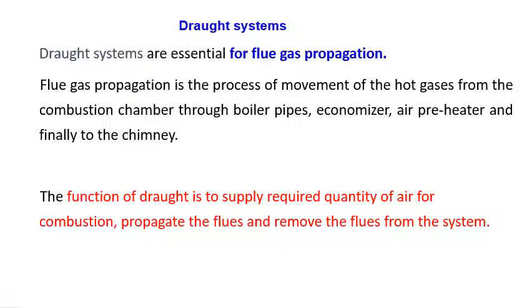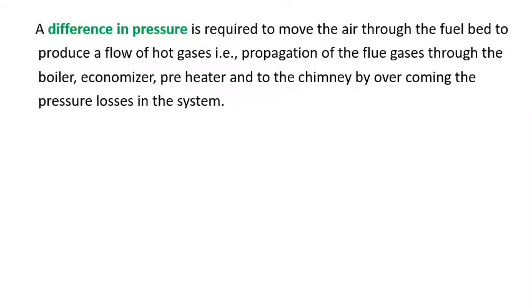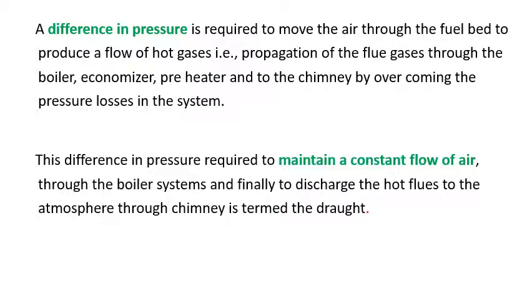It is mathematically defined as the difference in pressure between the pressure of the air in the fuel bed and the flue gas. If there is a difference in pressure, then only can we get a constant flow of flue gas propagation.